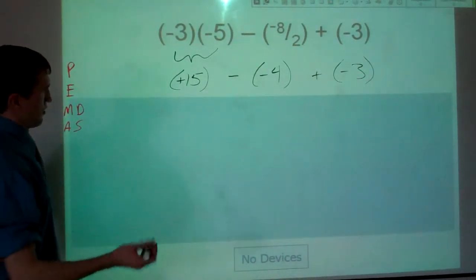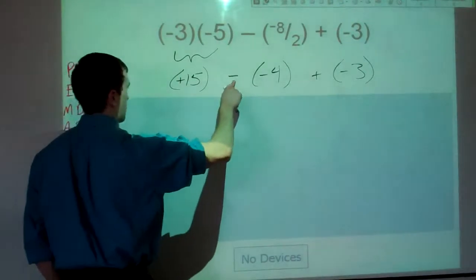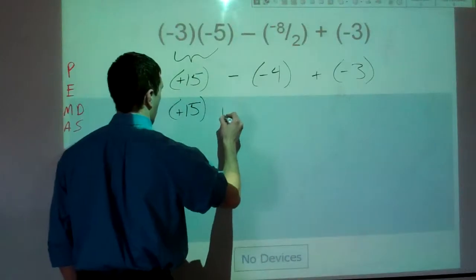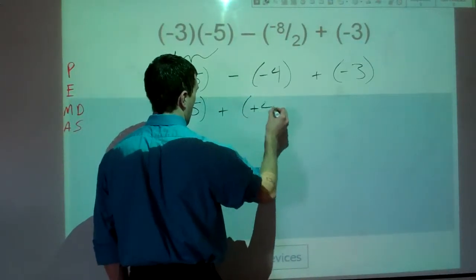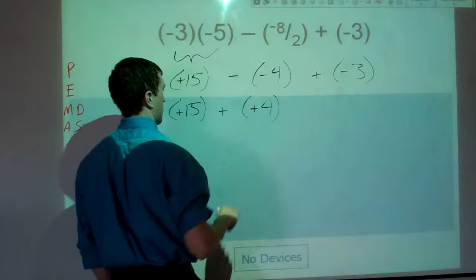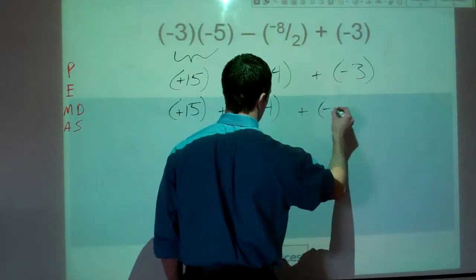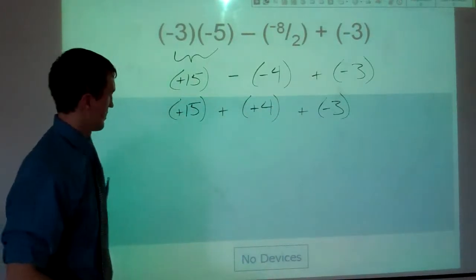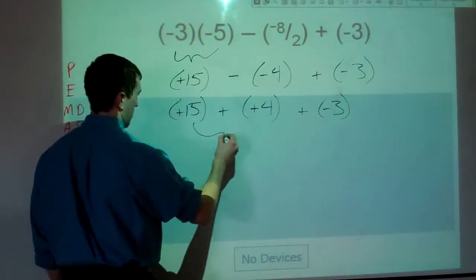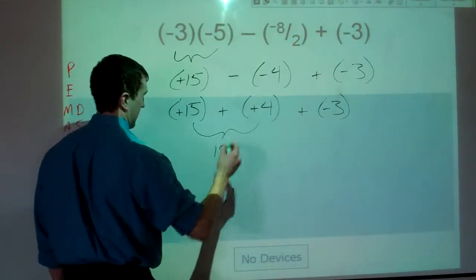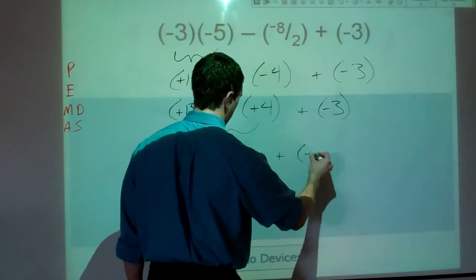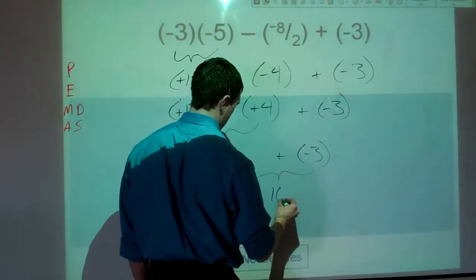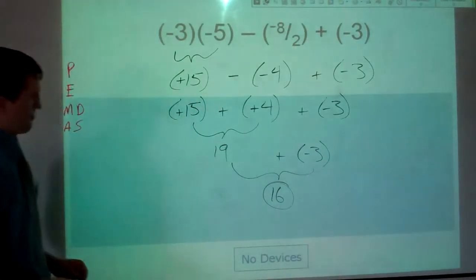And then all we have to do is change our subtraction to addition by adding the opposite. So add the opposite of negative 4 and then plus negative 3. Remember, we like to have addition. Makes things easier. So we've got 15 plus 4, 19 plus negative 3. And these two added together gives you 16. Okay?